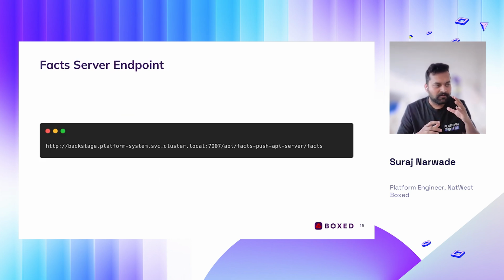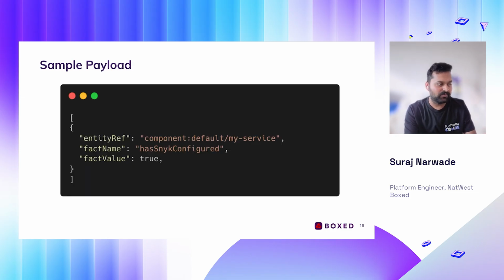Now, very simple endpoint given by Backstage. Teams implementing this fact retrieval logic, all they have to do is push facts to this endpoint. That's what they have to do. And what do they have to push? Simply a list of the entity reference, the name of the fact, and the value of the fact. That's it.